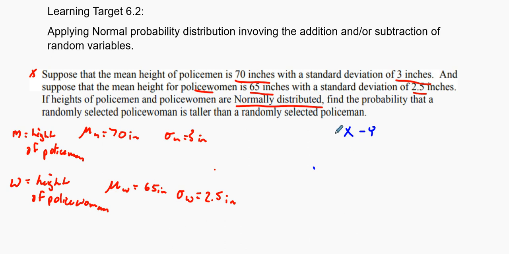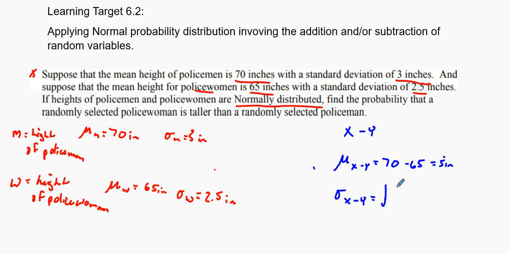So we find the mean of x minus y: 70 inches minus 65 inches. The difference between a man and a woman is going to be 5 inches. Let's say we found the standard deviation of this.